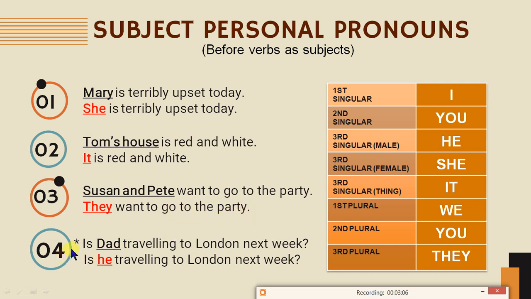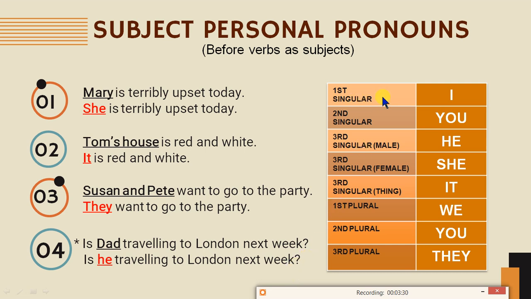Next example is, dad is traveling to London next week. So dad is masculine. It means he is a male person. So on behalf of dad in the next sentence we are using he. So he is traveling to London next week.